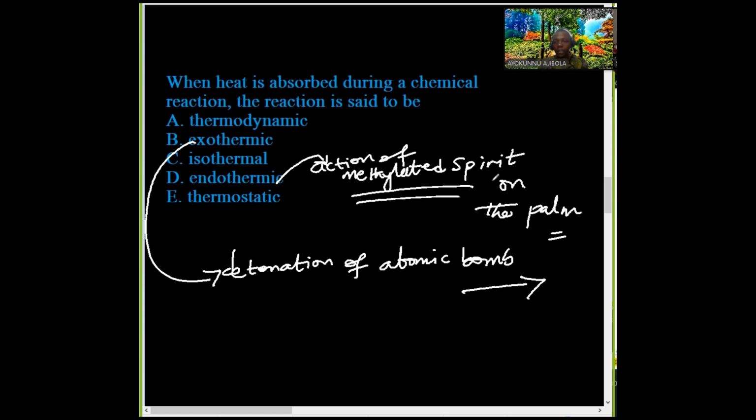An example is when you detonate an atomic bomb, it creates heat energy, though it's destructive. Is that clear? Then the combustion of fuel in engines generates heat. Yes or no?